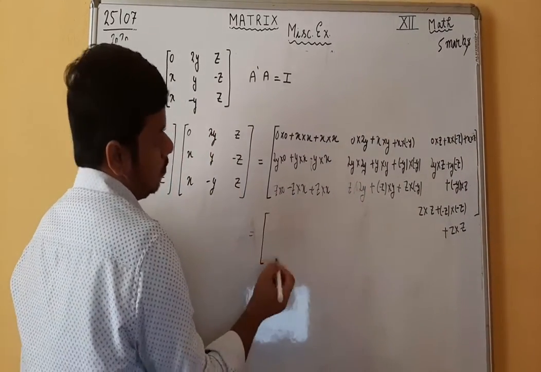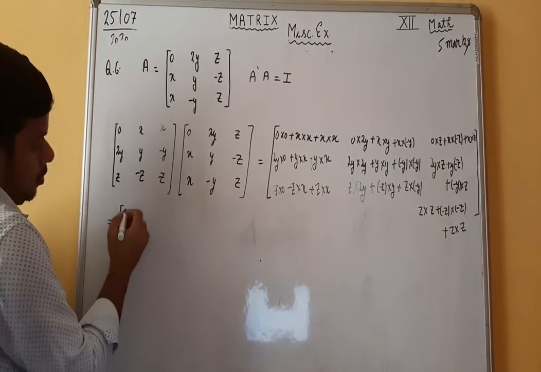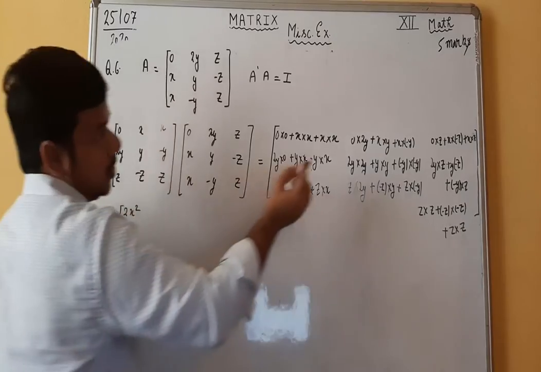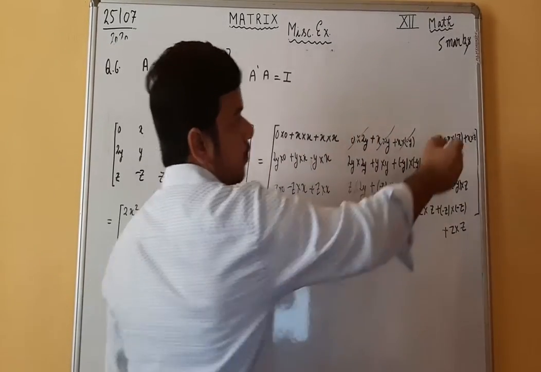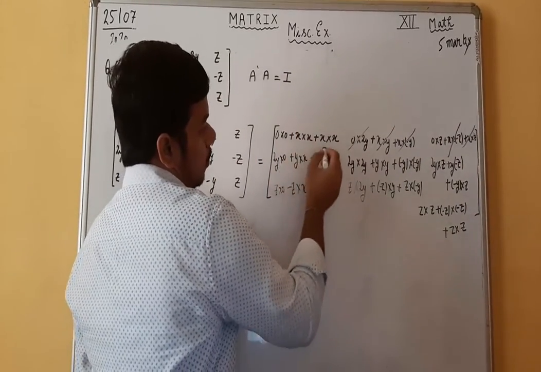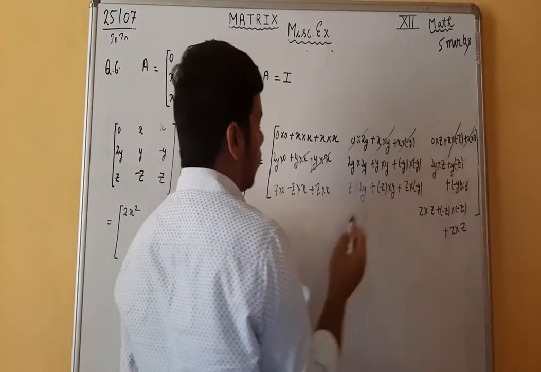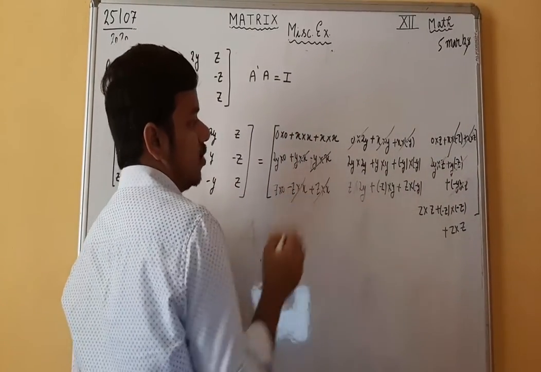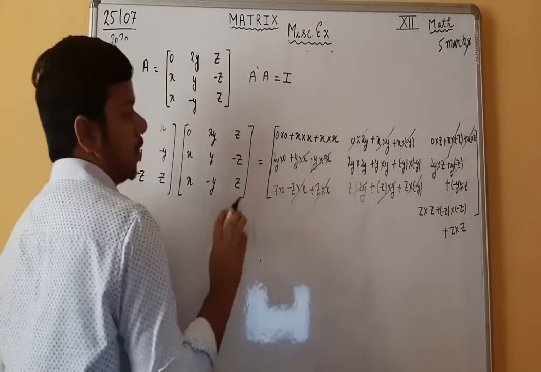It is equal to 2x square. See, 0 into 2y is 0, xy is cancelled out by xy, minus xz is cancelled out by xz, xy cancelled out, zx is cancelled out by zx, yz is cancelled out by yz, 2yz, right?